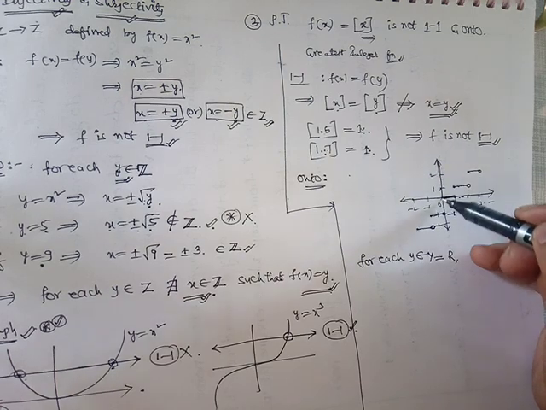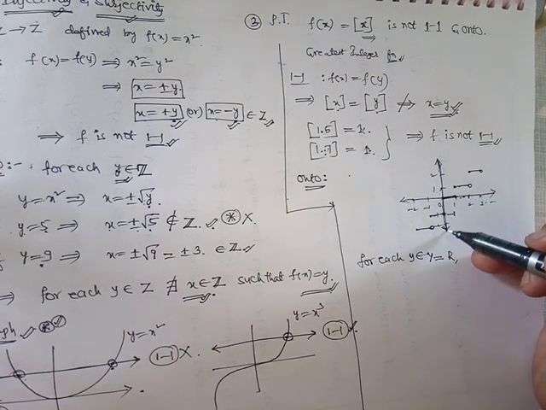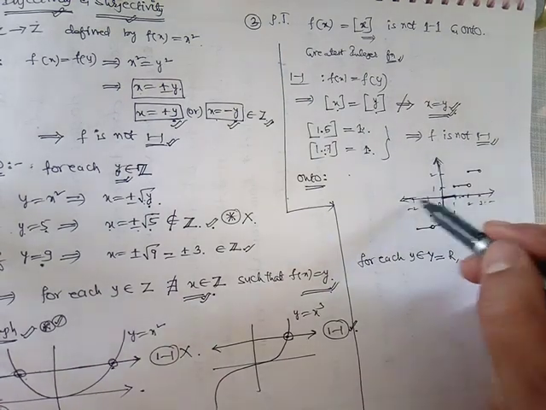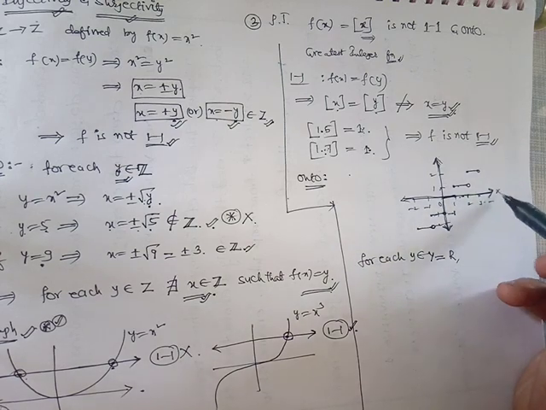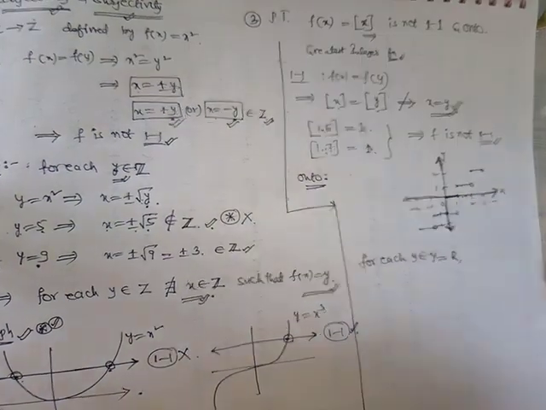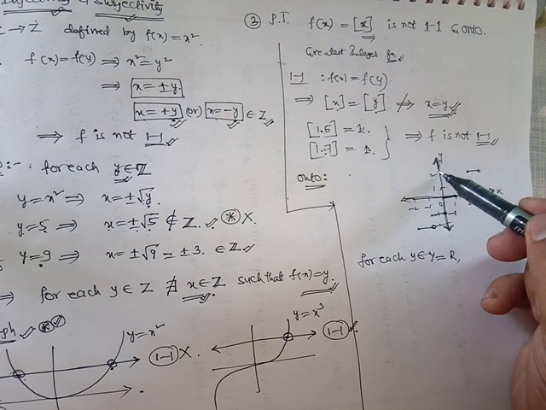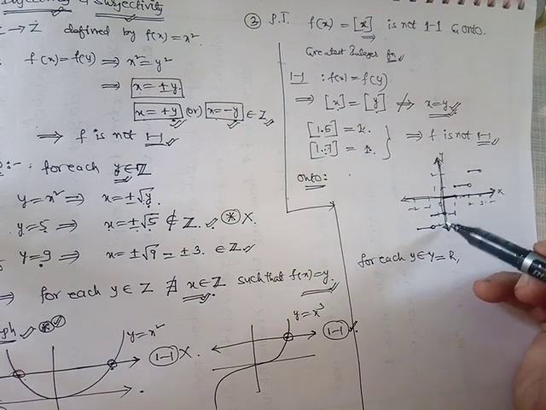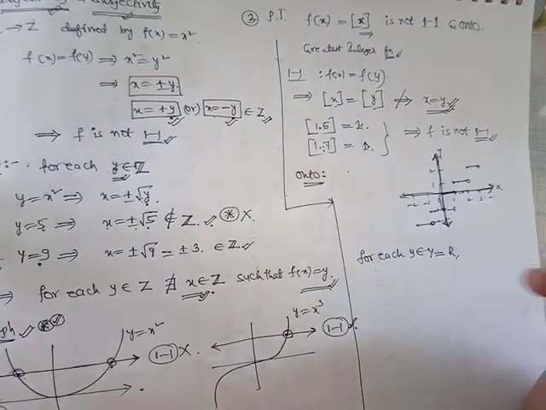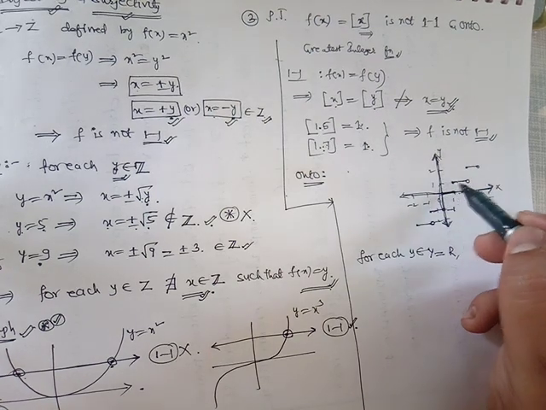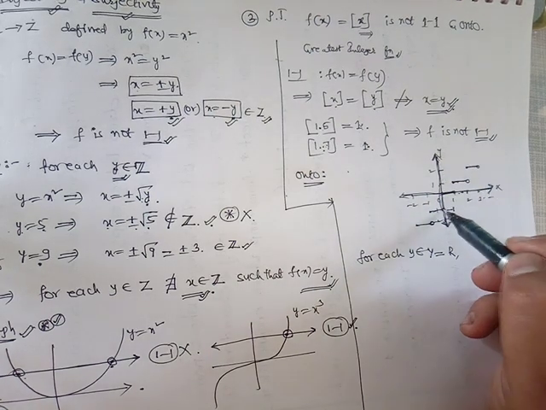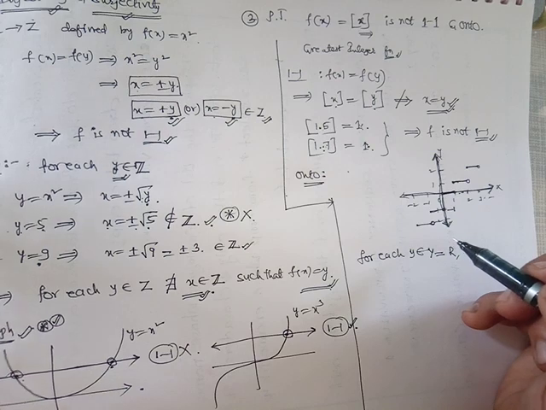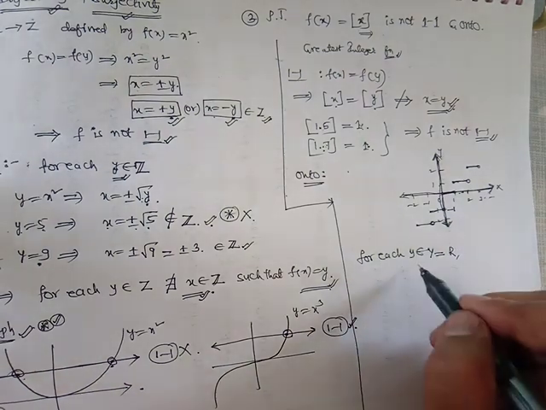This is nothing but your codomain. This is considered as the domain. It is the x-axis and y-axis. And on the codomain, it is taking up the values of only integers. 0 is taken, 1 is taken, 2 is taken, minus 1, minus 2 and so on. All the integers are taken.